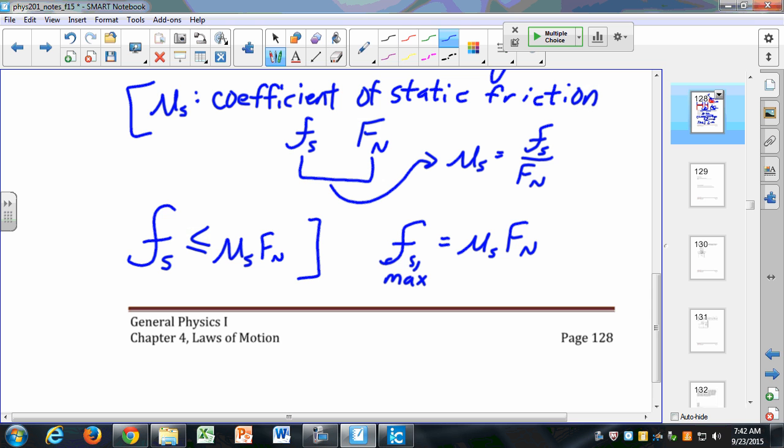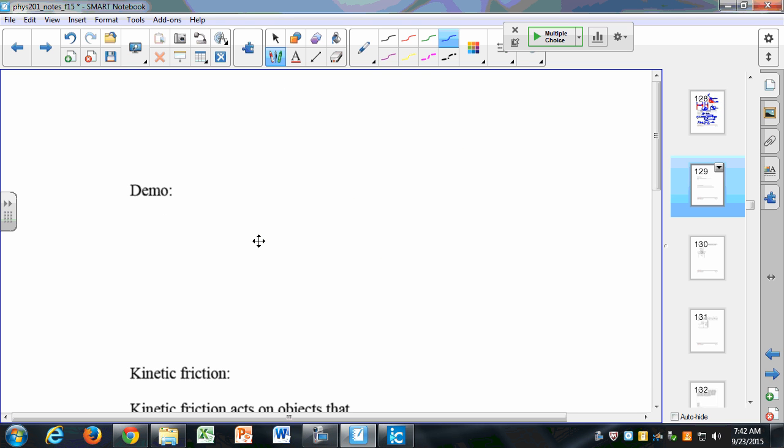I'm going to go down to the next slide. Usually I will write it in this way, and just leave off that inequality. What that means is that if you're pushing a block, or a big piece of furniture, I push on it in this direction, say with a force equal to 10 newtons. And with a force of 10 newtons, the acceleration is equal to 0, and the velocity is equal to 0.